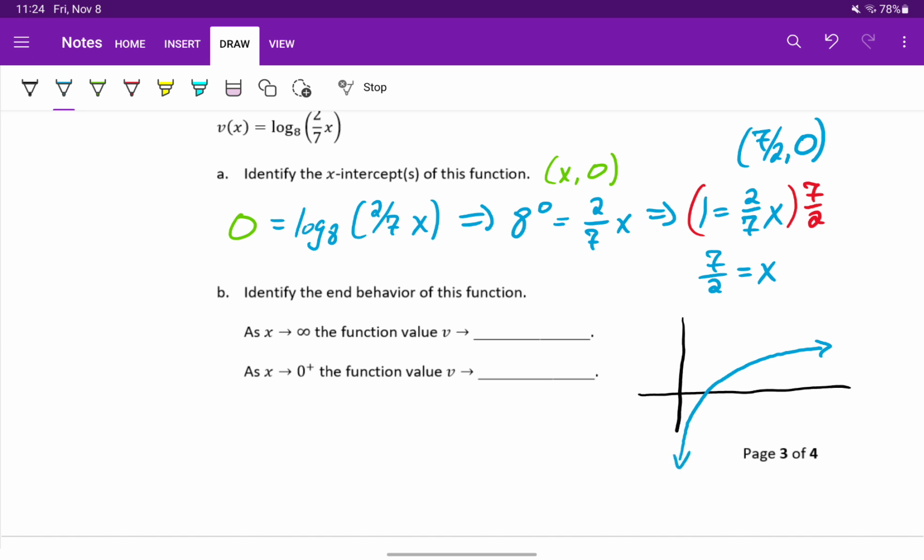So as x approaches infinity, our function value will also be approaching infinity. Even though that rate of growth is really slow, the function value is going to keep increasing. And as we approach 0 from the right, our function value is headed to negative infinity. Because again, log functions have that vertical asymptote at x equals 0.